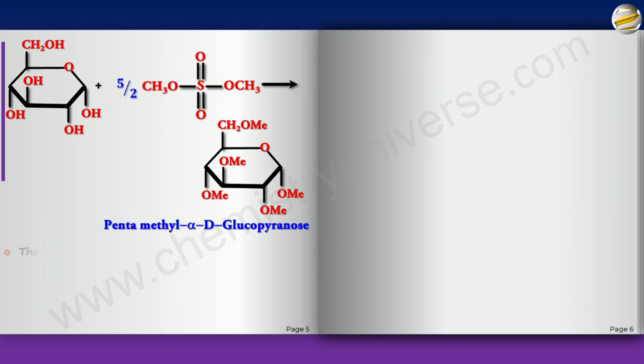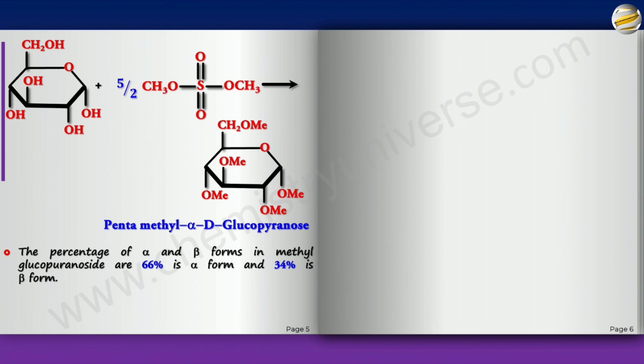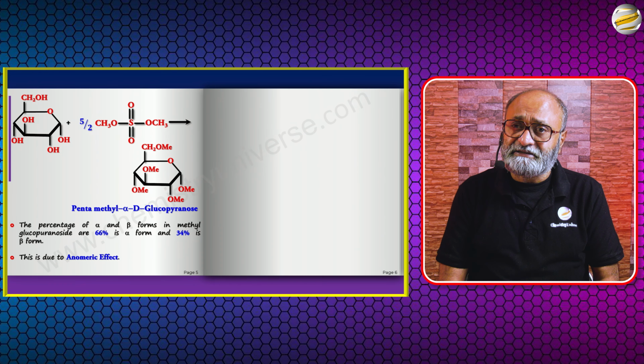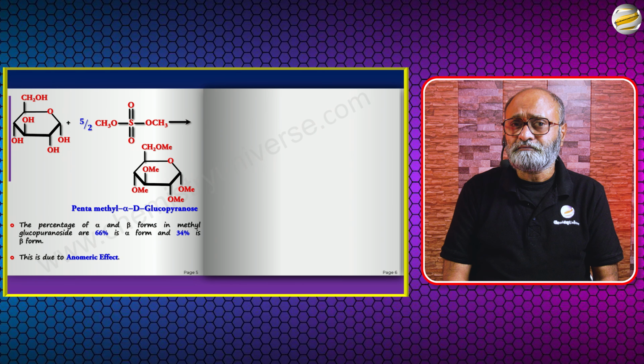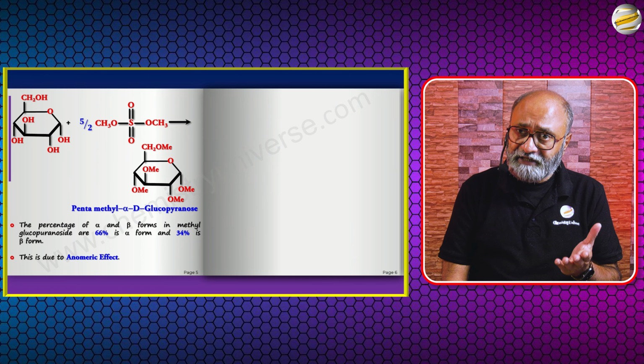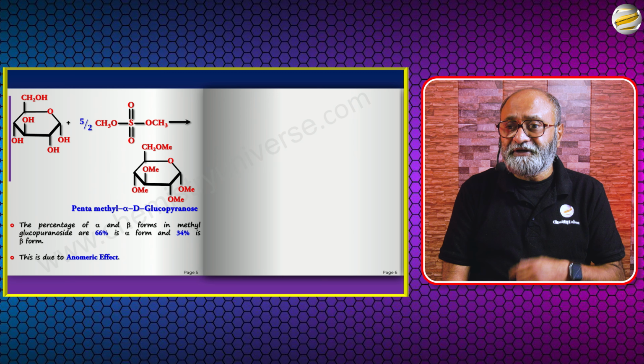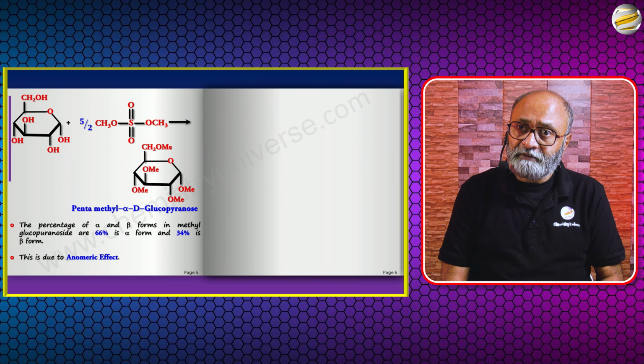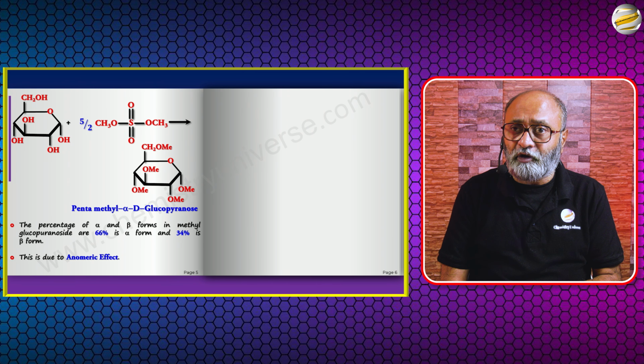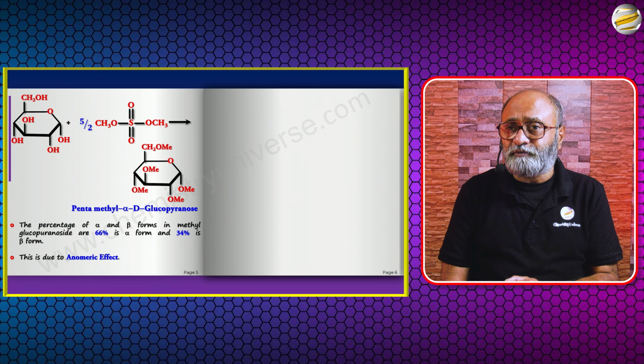And the percentage of alpha and beta forms in methyl glucopyranosides are 66% alpha and 34% beta. And this is due to the anomeric effect. If you remember, we saw this in the case of the Haworth projection. We said the beta form is actually more stable because it has intramolecular hydrogen bonding and it is in the equatorial position.